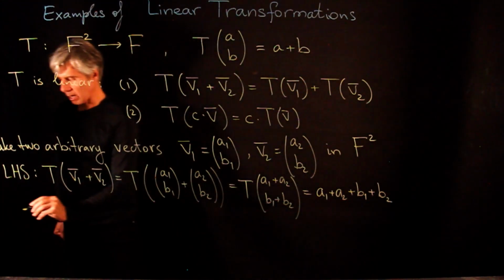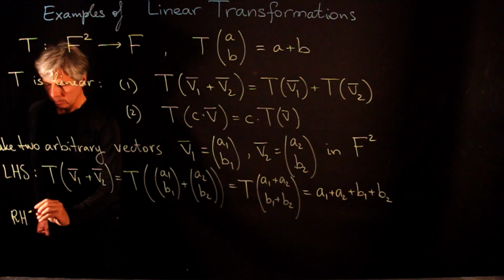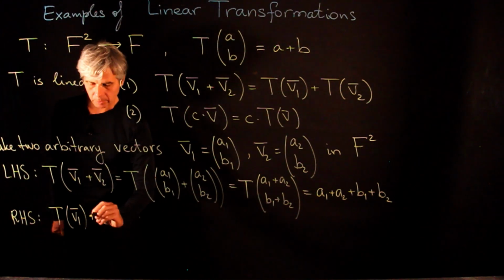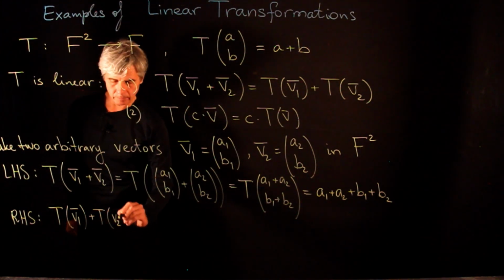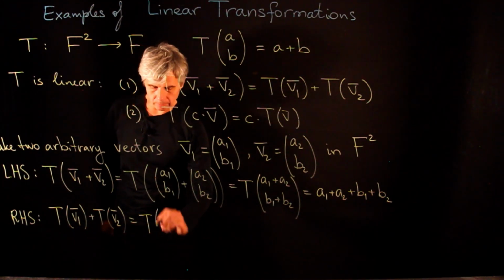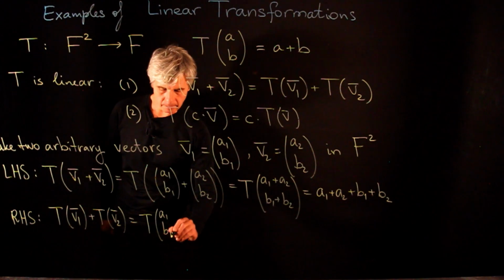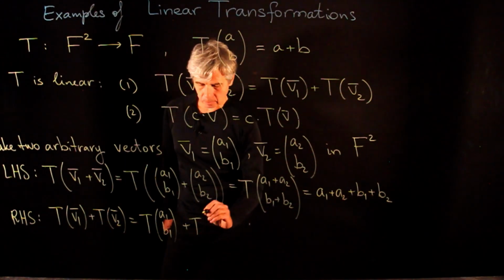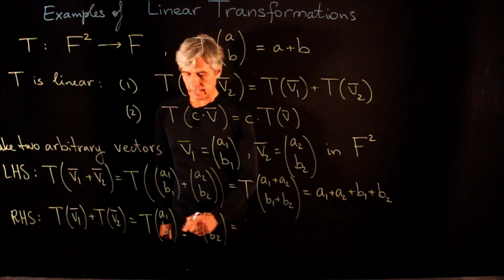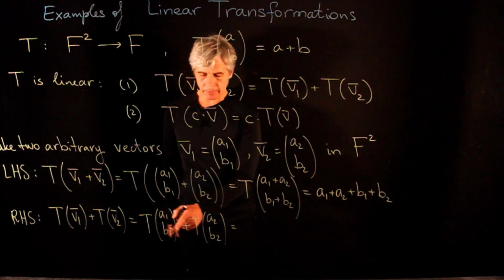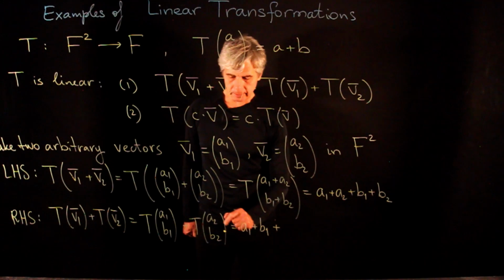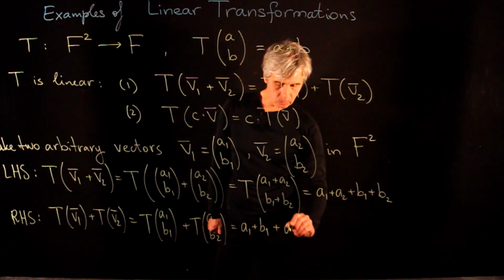Now, let's compute the right-hand side. The right-hand side is T of V1 plus T of V2. This is going to be T of A1, B1 plus T of A2, B2. T of A1, B1 is A1 plus B1, and T of A2, B2 is A2 plus B2.